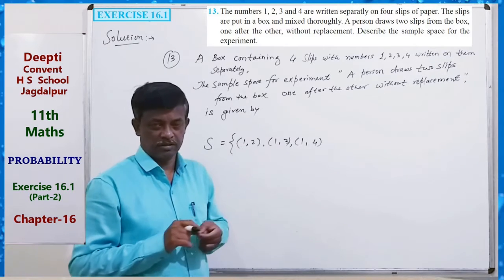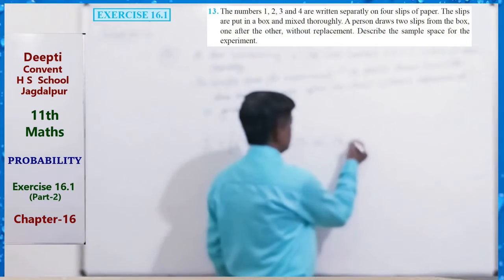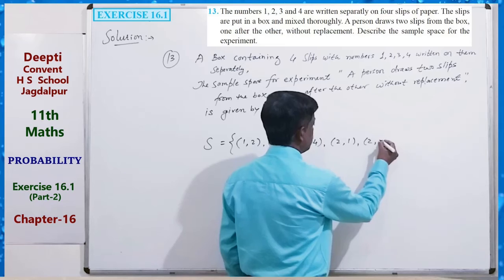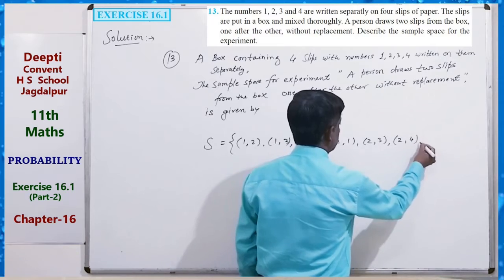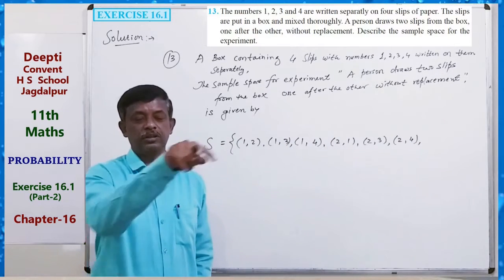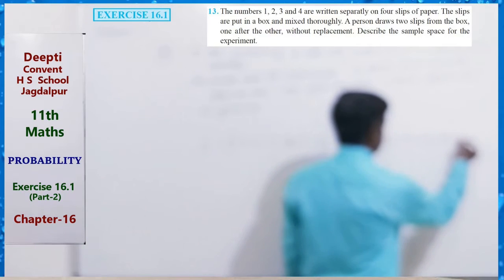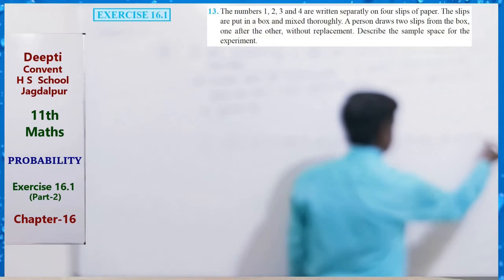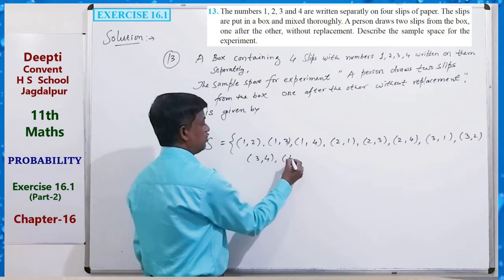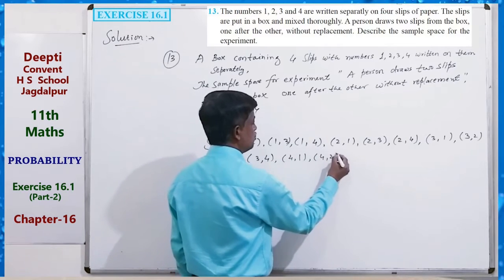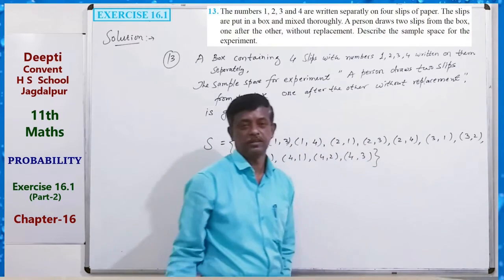If 2 comes first, then 2 1, 2 3, 2 4. If 3 comes first, then 3 1, 3 2, 3 4. And if 4 comes first, then 4 1, 4 2, 4 3.